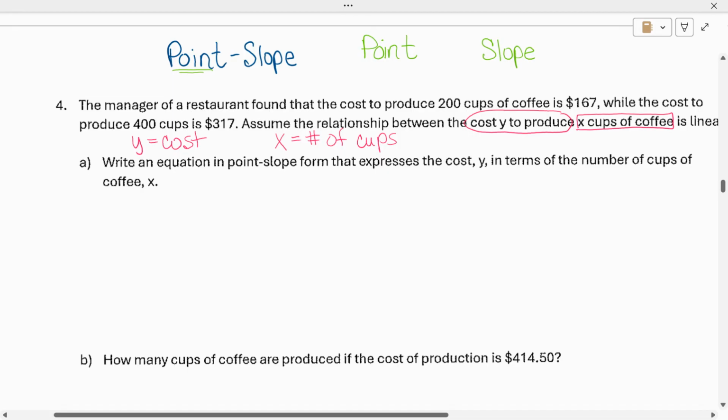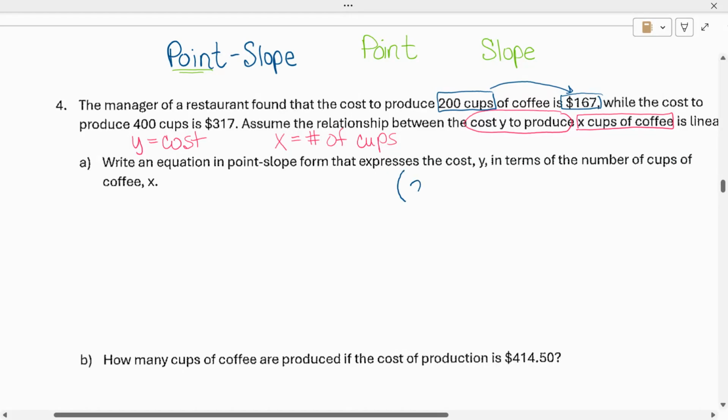Well, I don't see anything that looks like slope, each, every, but I do see two sets of numbers, like two pairs of numbers, right? Do you guys see that? If X is cups, well, I see the number 200 and Y is cost paired up with 167.